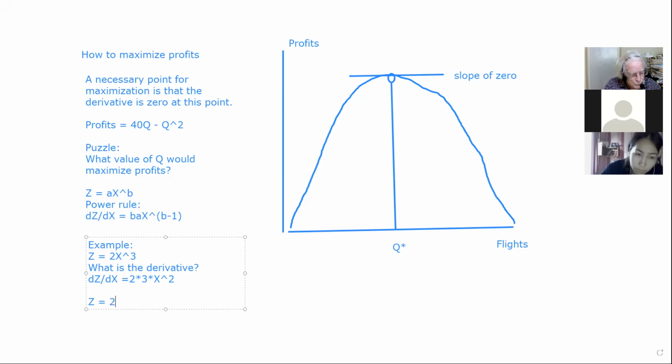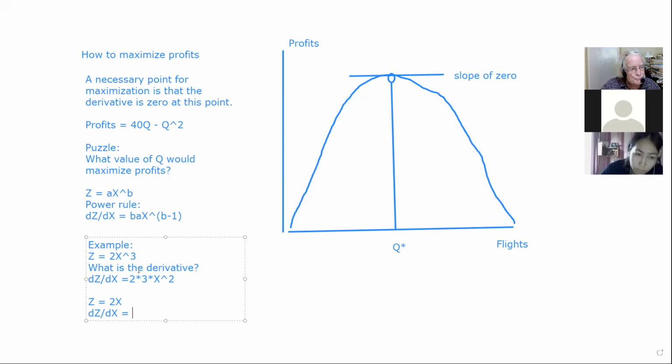One more puzzle for you for 1 point of extra credit. What is the derivative now when g is equal to 2x? Well, let's see.